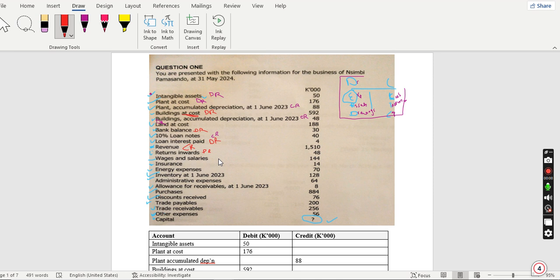It's a debit entry, but I just want colleagues to understand why it's debited. Can anyone explain why it's debited? Return inwards. Maybe then the definition for those who still don't understand what it is.